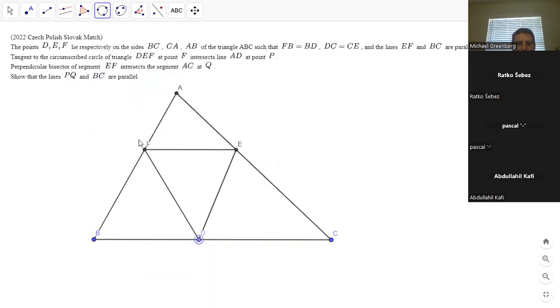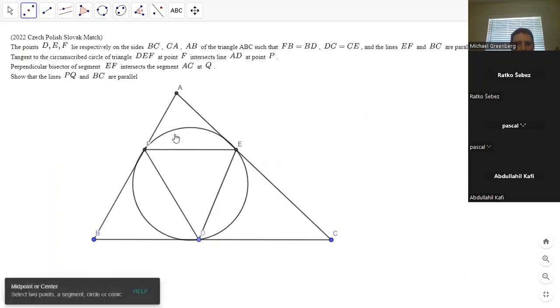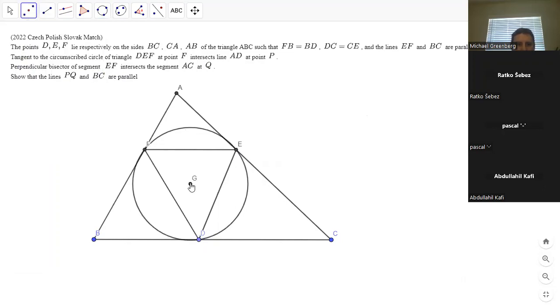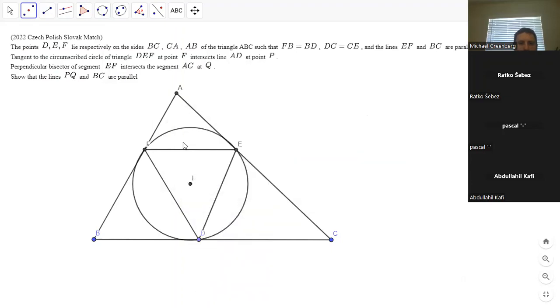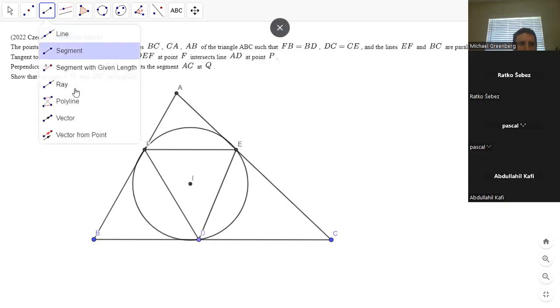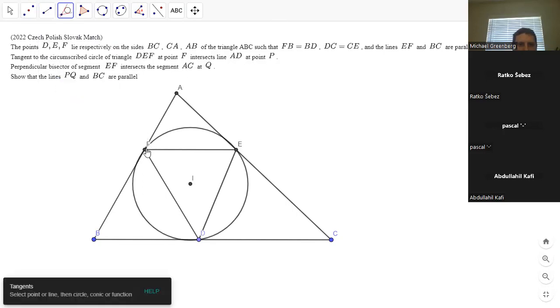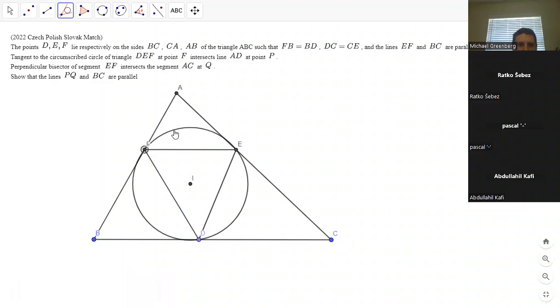So interesting. Okay, so we could call it I. It's the incenter of ABC and the circumcenter of DEF. And the tangent at F intersects AD at P.